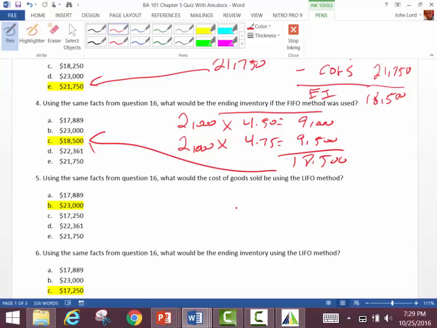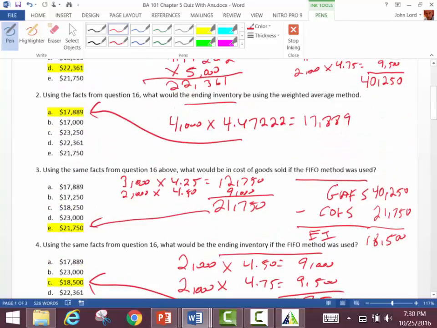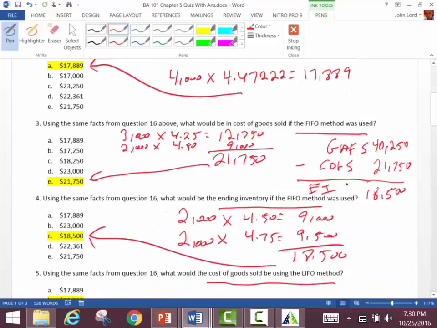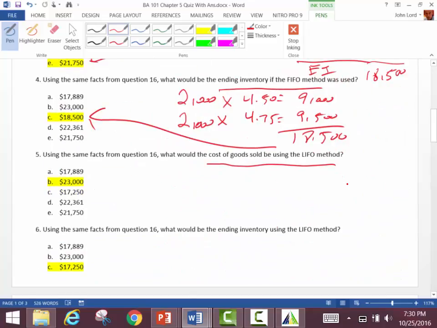So we're looking for cost of goods sold using LIFO. How many did we sell? We sold 5,000. So which ones do you want to grab first for the sold? Batch 3, there's 2,000 there, right? So I'm going to pick up 2,000 at 475. $9,500, you say?